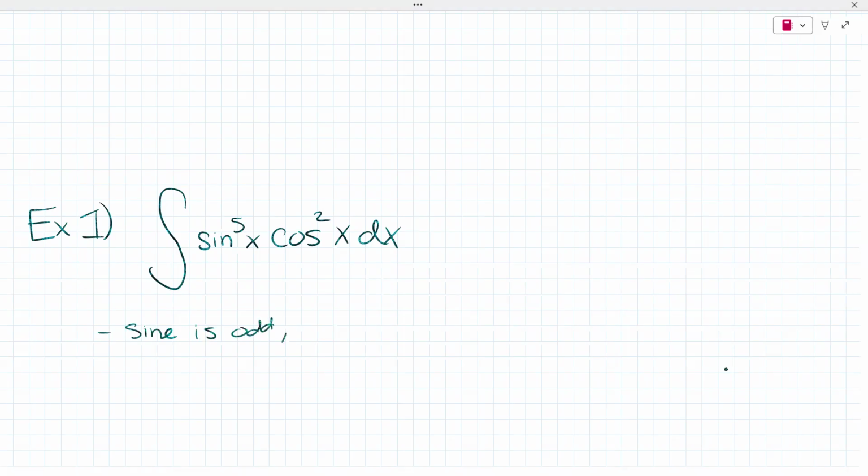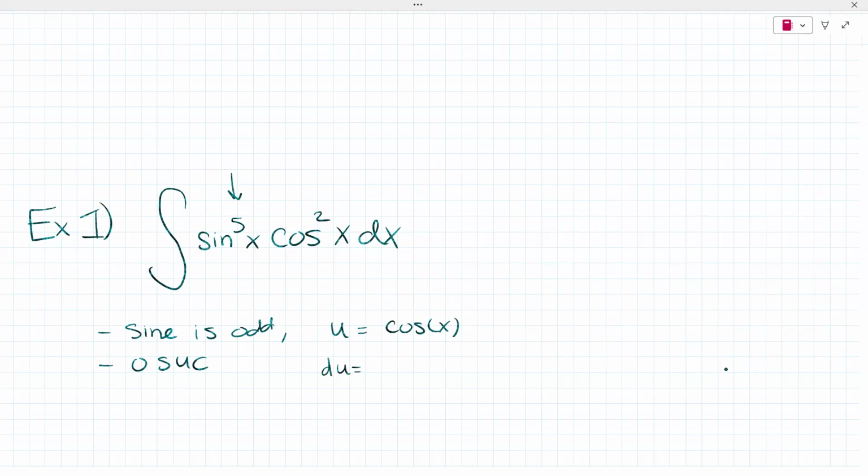So if the sine is odd, you're going to use u equals cosine of x, or in our case, you're going to use OSUC, right? Our sine is definitely odd, power 5, so your u substitution is going to be cosine, OSUC, right? And then you have to take the derivative of u.